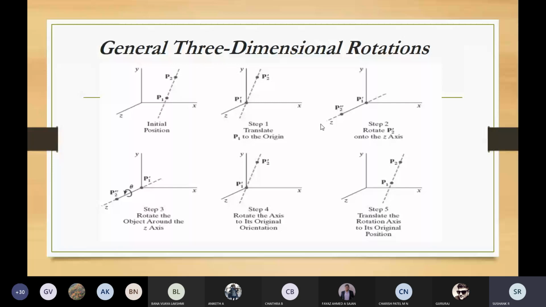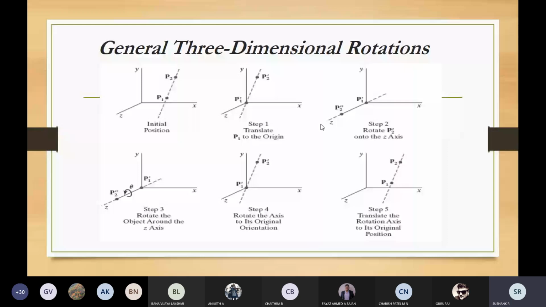So it is not parallel to the x-axis, the y-axis, or the z-axis. In that case, you should perform additional transformations.